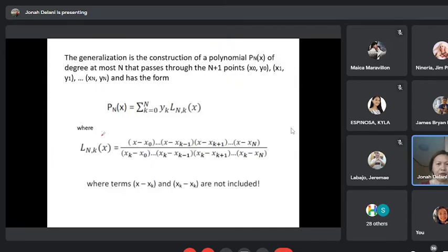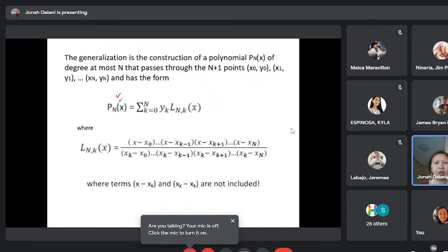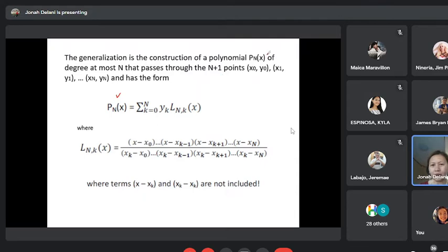So what if we have more points? If we generalize our equation, we would have the Lagrange approximation of degree n, which needs n plus 1 points. If the degree is n, we would need n plus 1 points.